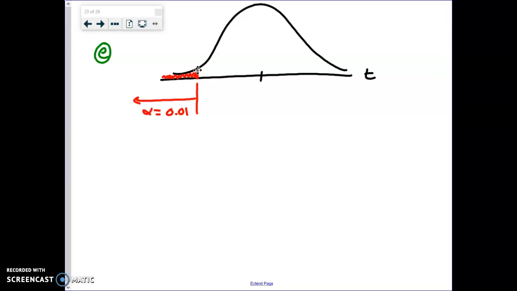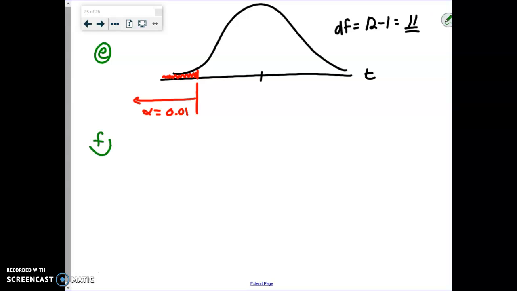We have sample evidence that's strong enough to reject the null hypothesis. And remember, on this t distribution, it goes by degrees of freedom, which is the sample size minus 1, which is 11. So we got to make sure we remember that when we go in and find our test statistic, our p-value. All right. So now, next step is to calculate your t statistic.